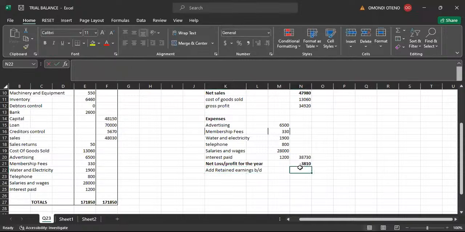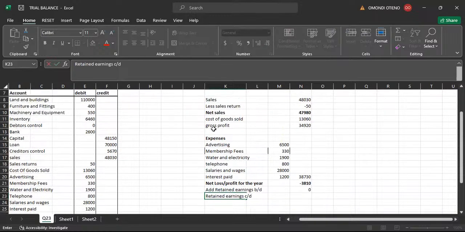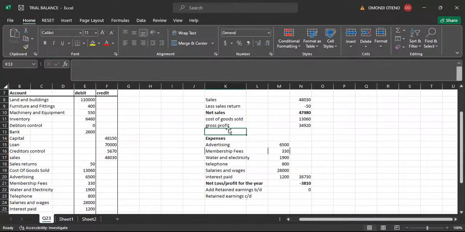If we had our retained earnings brought down there, we write it. For our case, it is 0, so that we get what we call retained earnings carried. Discount received, that's an income, so we could have placed it under other income, maybe below gross profit, to get other income. Then we are going to get total income. Could have placed it up here.